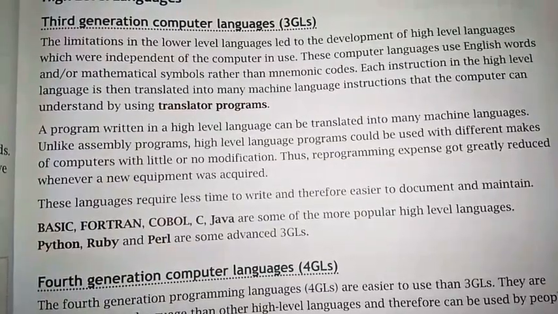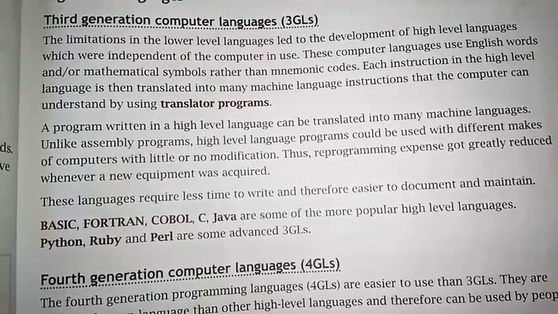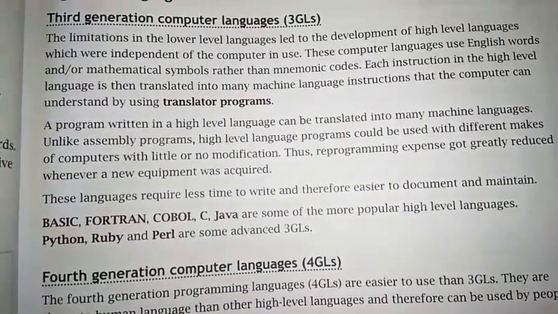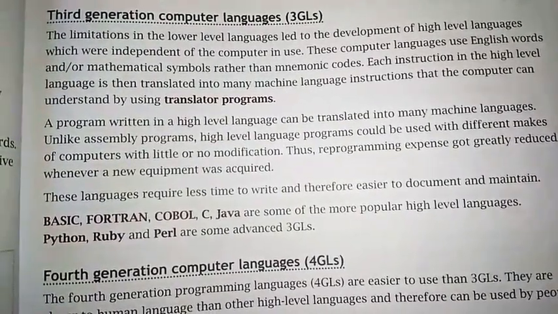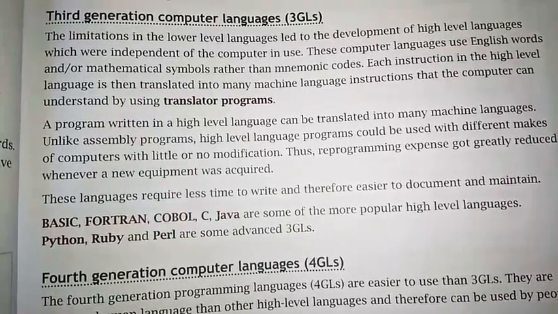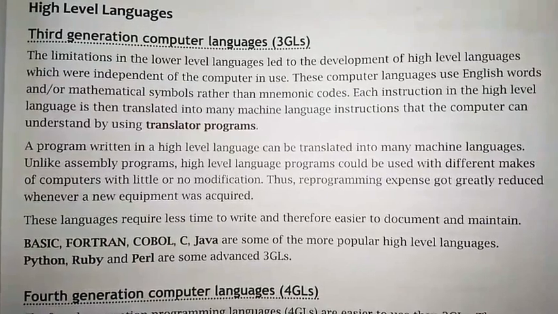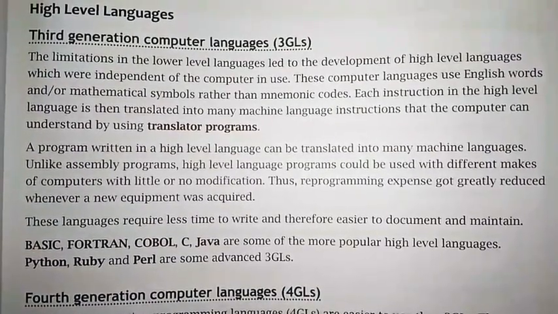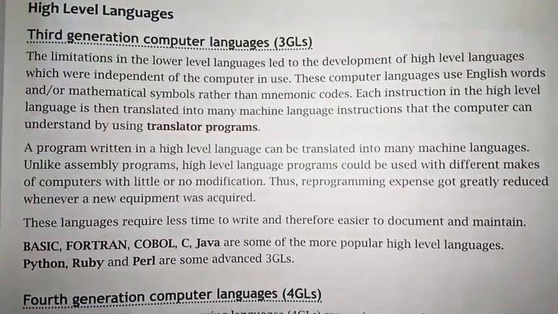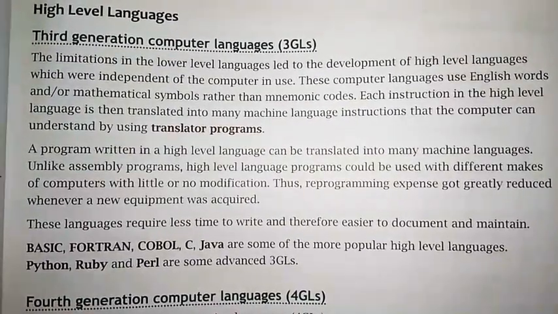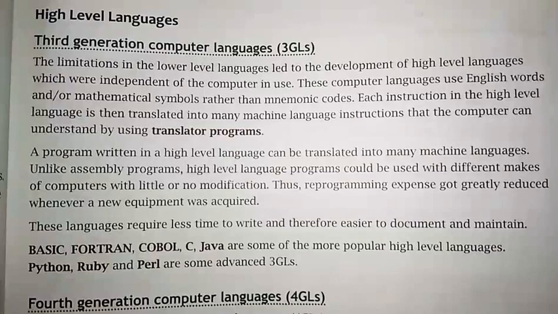Only we can say that English words or mathematical symbols were used in place of mnemonic codes. Understand? Now, thus programming expense got greatly reduced whenever a new equipment was acquired. Okay, programming expenses were increased according to the equipment they required.